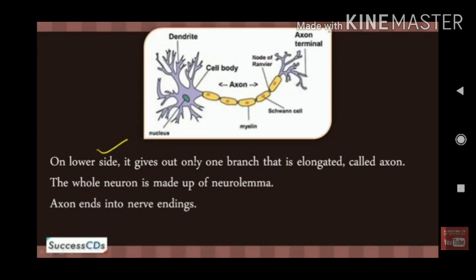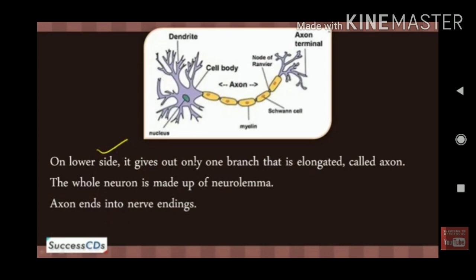One of the branches of the cyton is a long branch without any small branches. The longest fiber is the axon. The message from the cyton is transmitted along the axon and at last reaches the terminal branch. The axon is covered by the myelin sheath. The terminal branch transmits the message to the next neighboring nervous tissue.